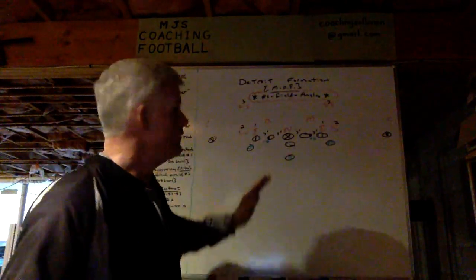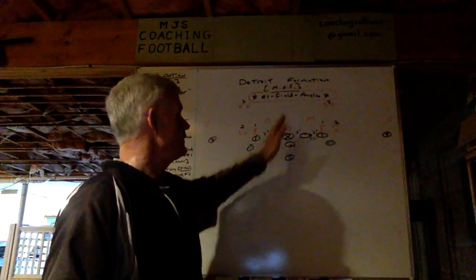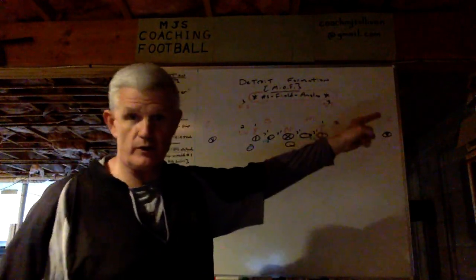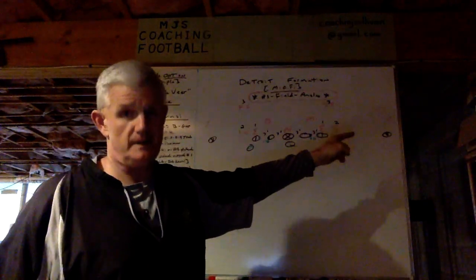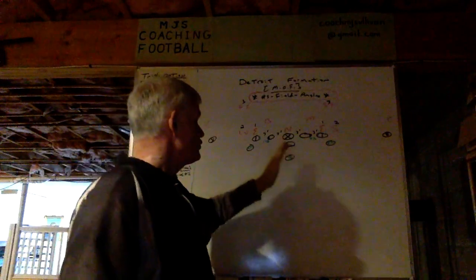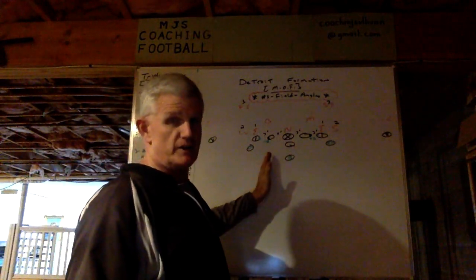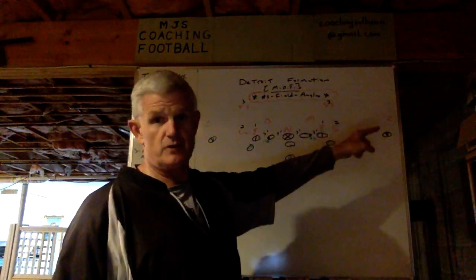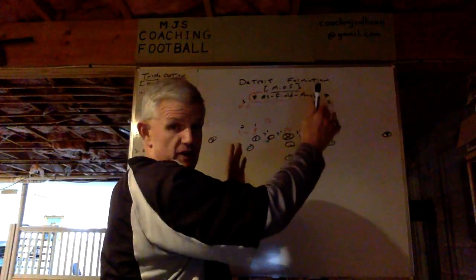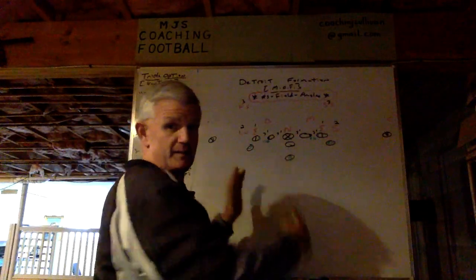All things being equal, the numbers are the same, we're in the middle of the field, the angles are the same. For us, we're going to go to the right. We're right-handed. When the ball's on the hash, you're going to see a lot of times option teams go to the big field. If you don't make an adjustment so the numbers stay the same, then we're going to the field.